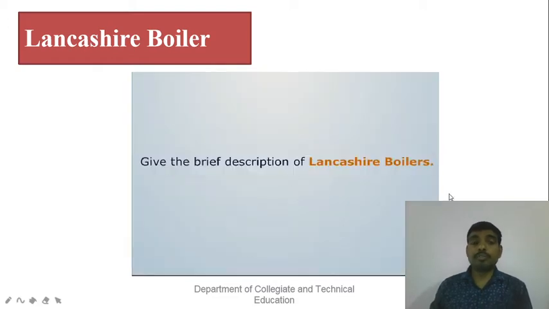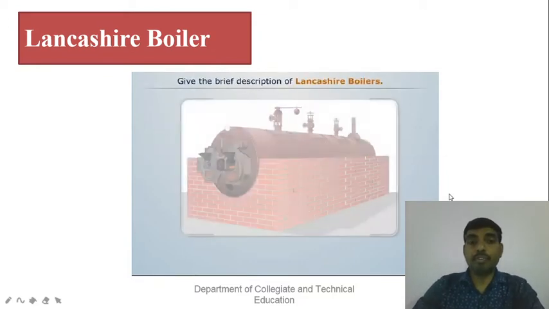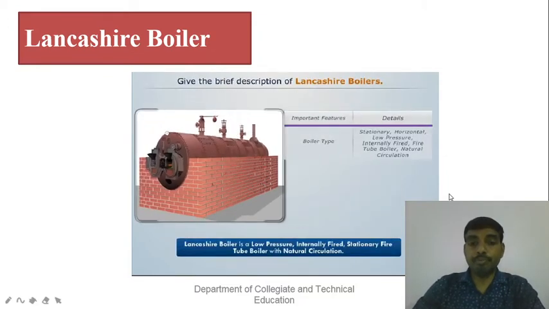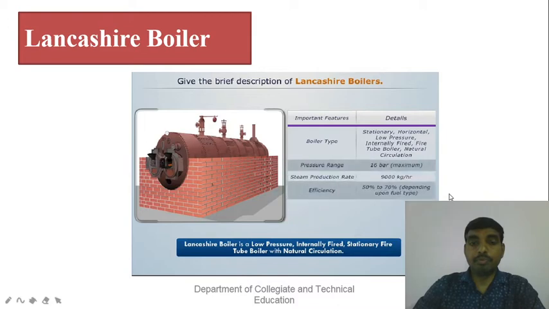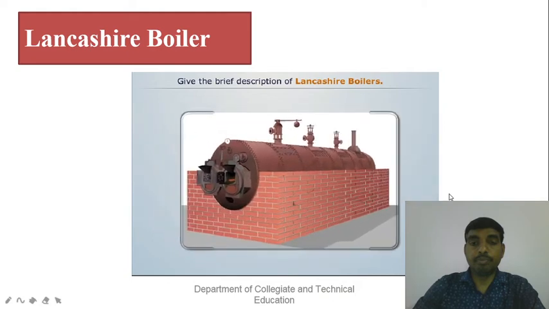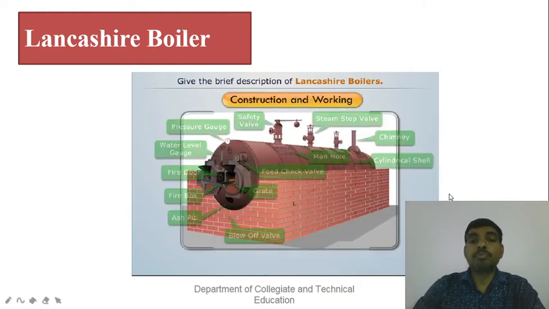Give a brief description of Lancashire boilers. The Lancashire boiler is a low pressure, internally fired, stationary fire tube boiler with natural circulation. Now let's try to understand its construction and working.